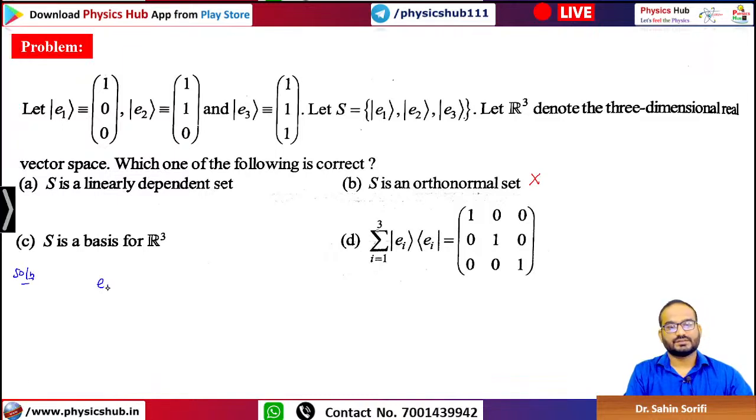We form the scalar triple product E1 dot E2 cross E3, and write all the vectors along the rows: 1 0 0, 1 1 0.